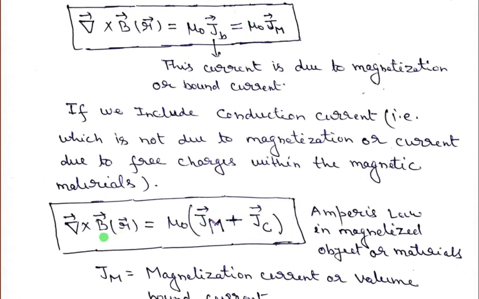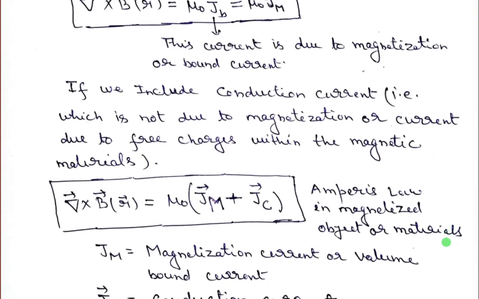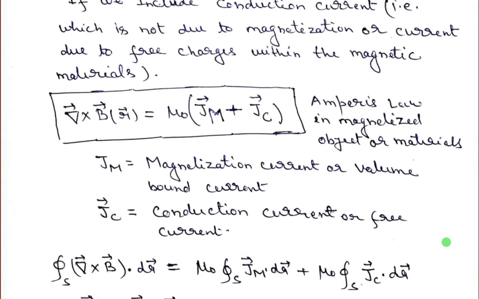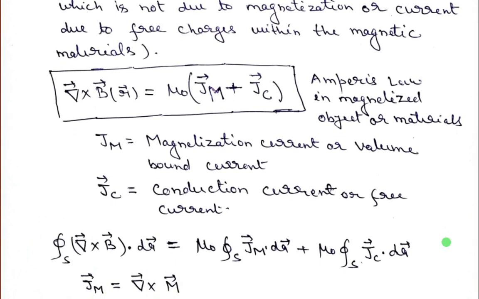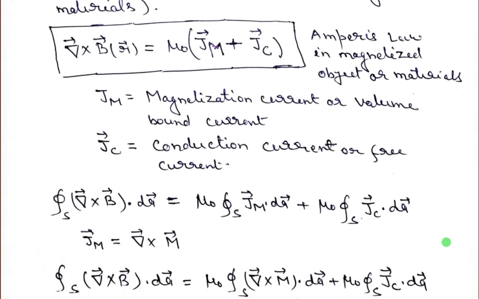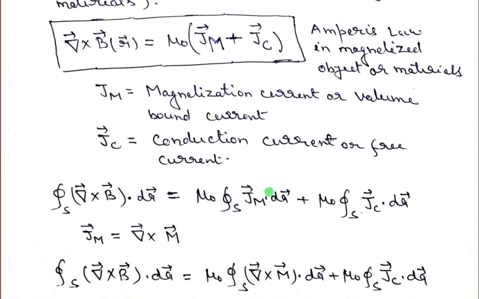This is known as Ampere's law in a magnetized material. This correction we have to make when dealing with materials, where JM is the magnetization current or volume bound current density, and JC is the conduction current or free current.